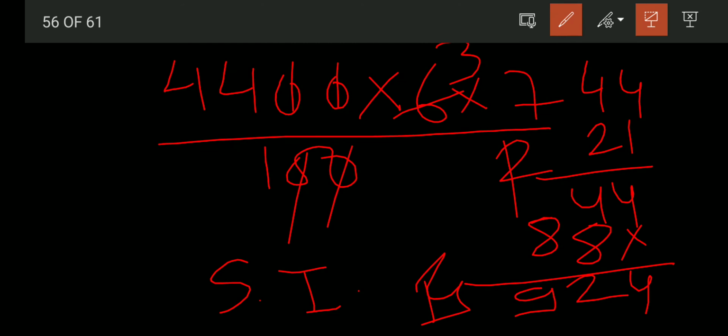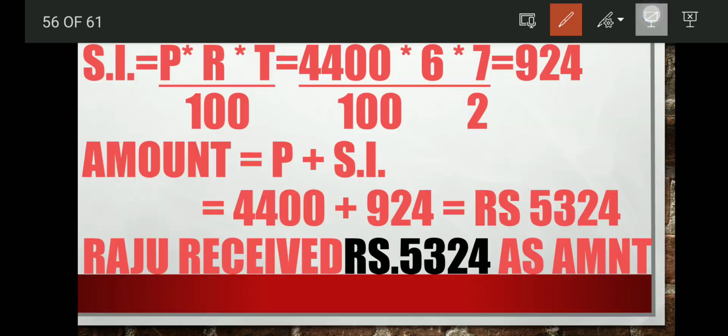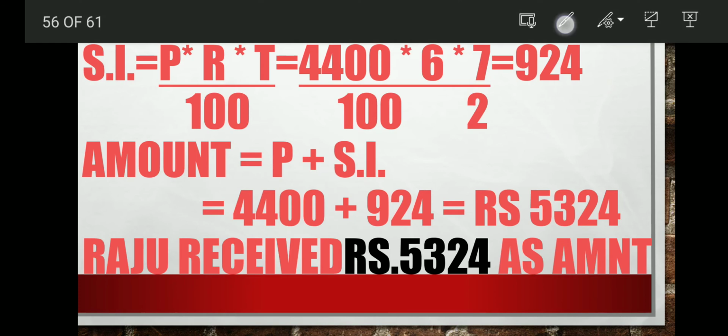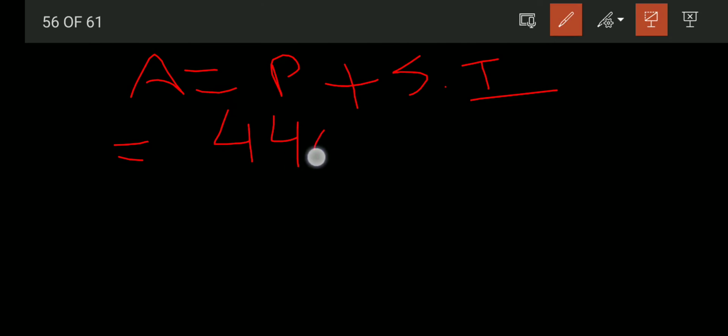Now let us find the amount. See here, this is 924, the simple interest. Amount equals principal plus simple interest. So what is the principal? That is 4,400 plus simple interest 924.